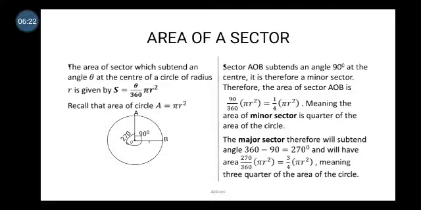Similarly, to find the area of the other sector, which subtends an angle of 270 degrees at the center, we have 270 over 360 times pi r squared, which gives us 3 over 4 pi r squared, meaning 3/4 of the area of the circle.